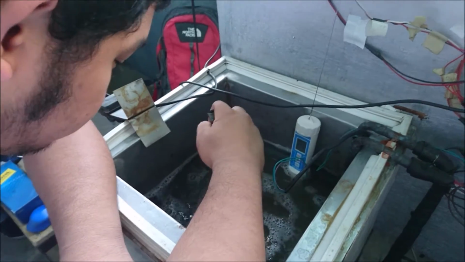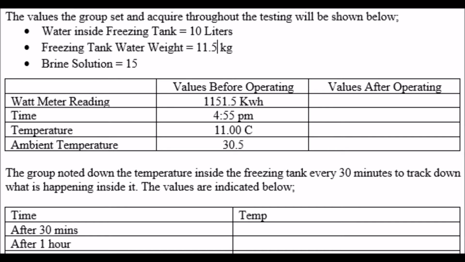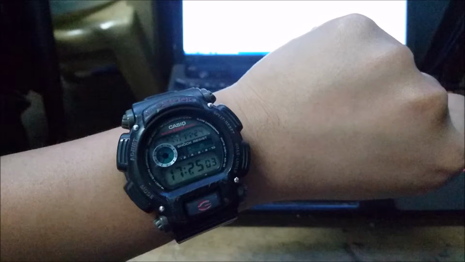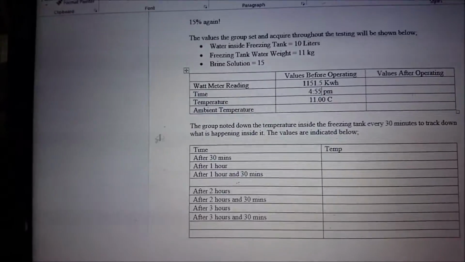The reading of the watt meter before starting the system is 1151.5 kilowatt hour. So, after 30 minutes, the reading inside the freezing tank is 7.25.